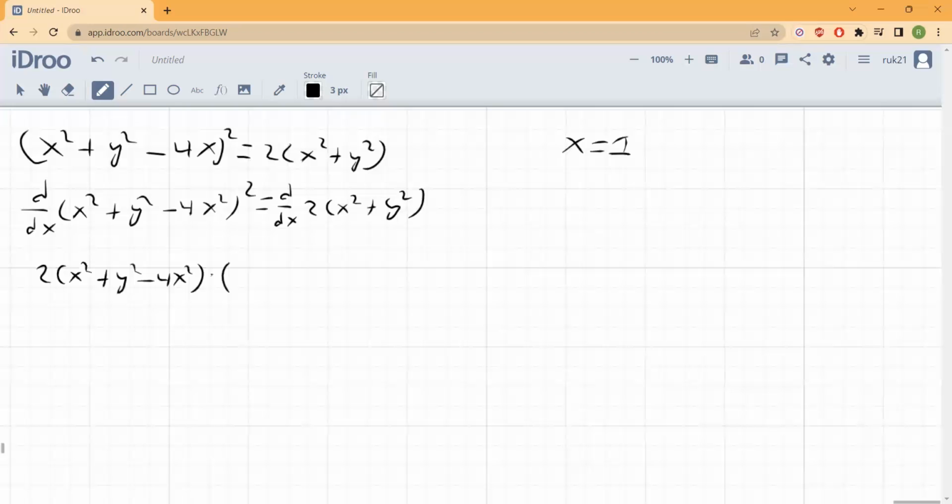The derivative of x squared is going to be 2x. It's 2x plus y squared, and y squared we're going to implicitly derive, so it's going to be 2y, and then we chain it to the derivation of y, so times dy/dx, minus 8x.